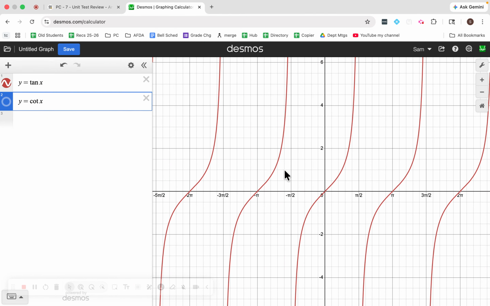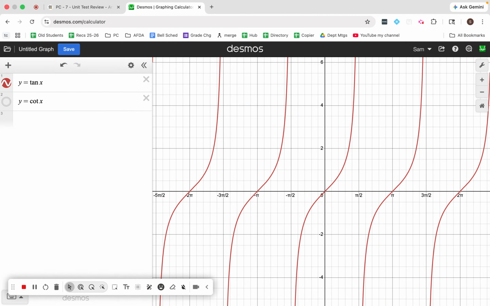Y equals tan x are these kind of curves. Notice how they curve up. So the three values on your parent table are going to coincide with right here, which is negative pi over 4, and that'll hit -1.